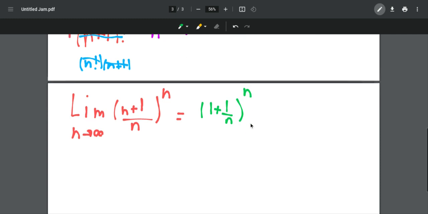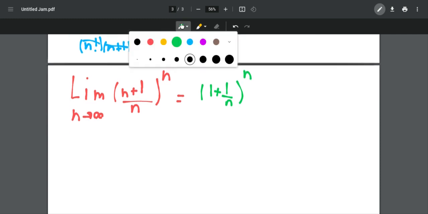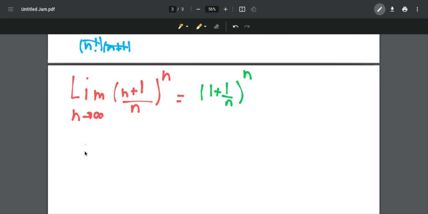Now, there's a very famous limit, and I will make a video for the proof, that states that the limit as n approaches infinity of 1 plus a over n to the power of b times n is just equal to e, the Euler number, to the power of a multiplied by b.